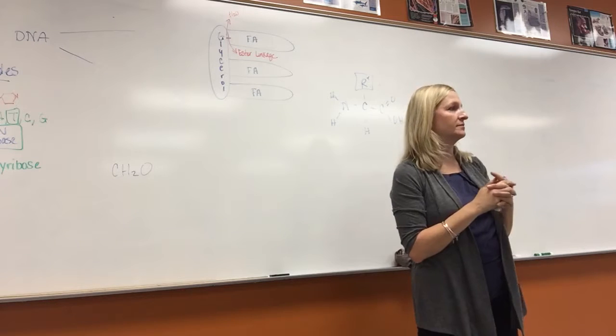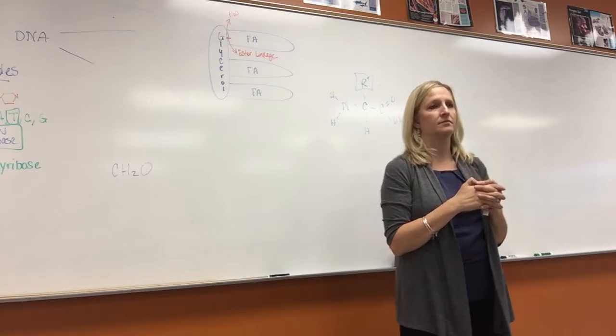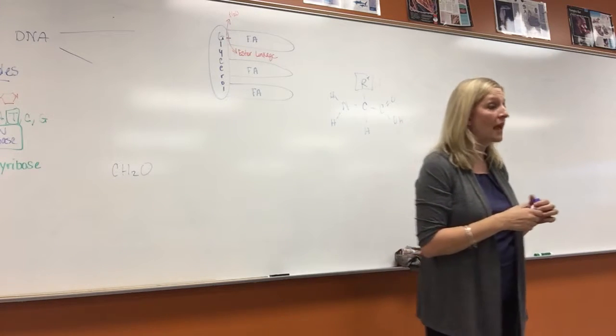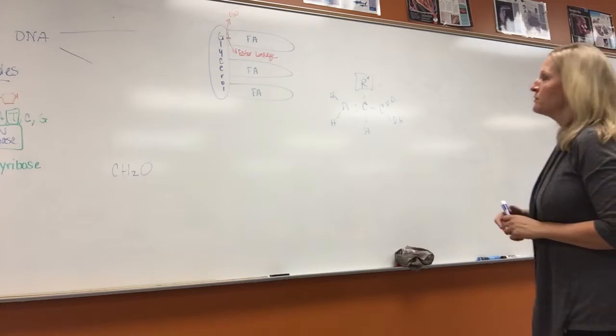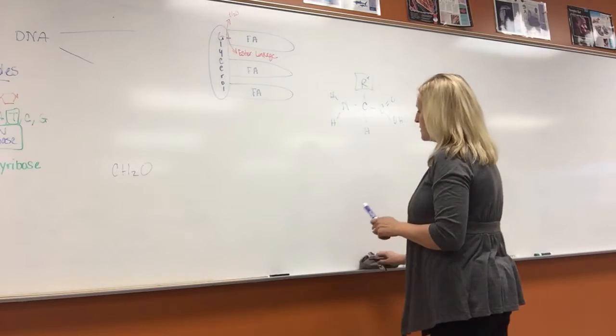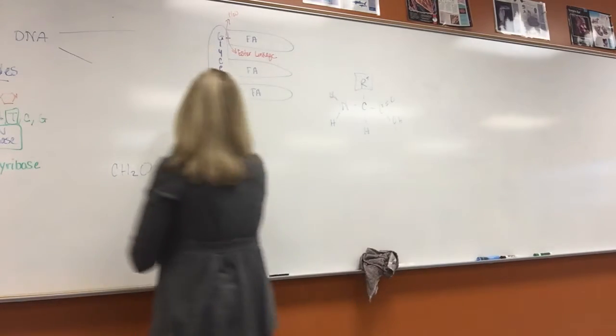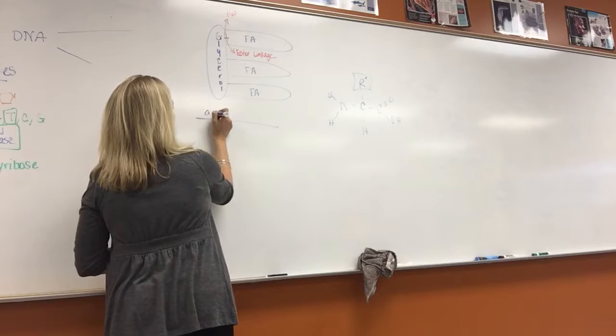Questions? 18. Okay, the two secondary protein structures. The primary was the chain of amino acids, so amino acid hooked to amino acid and so on.